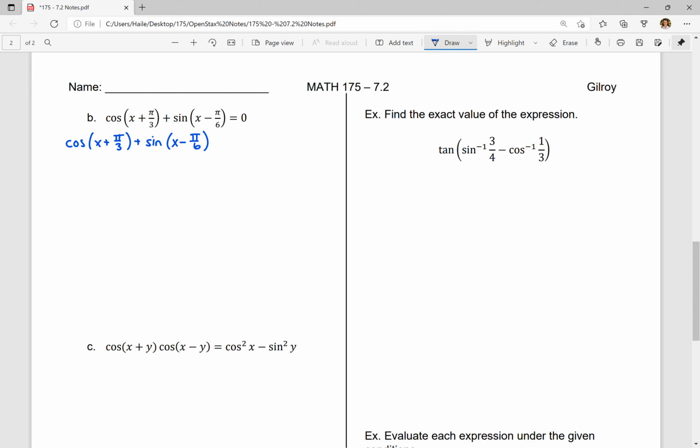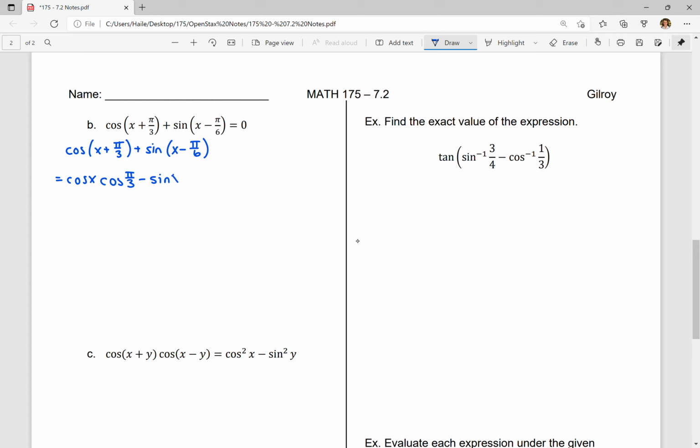So the first thing I'm going to do is just apply formulas to each of these trig functions. So notice we have the cosine of a sum, the sine of a difference. So I'm just going to expand each of those out using their respective formulas. So what we get is cosine of x times cosine of pi over 3 minus sine of x times sine of pi over 3.